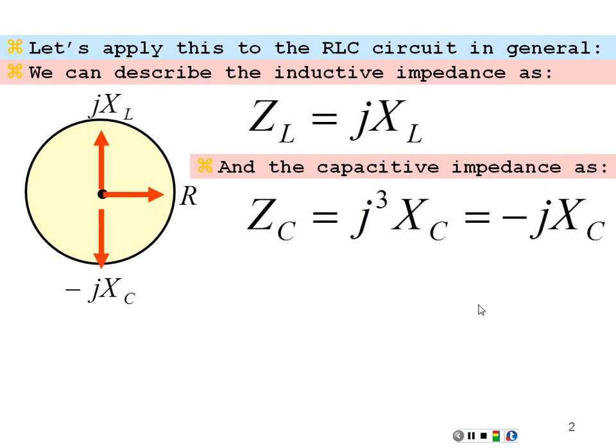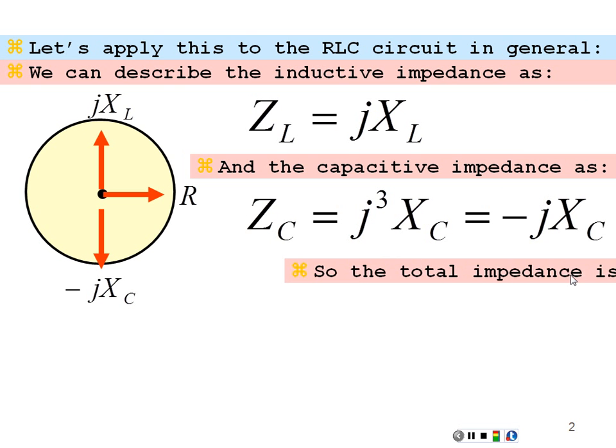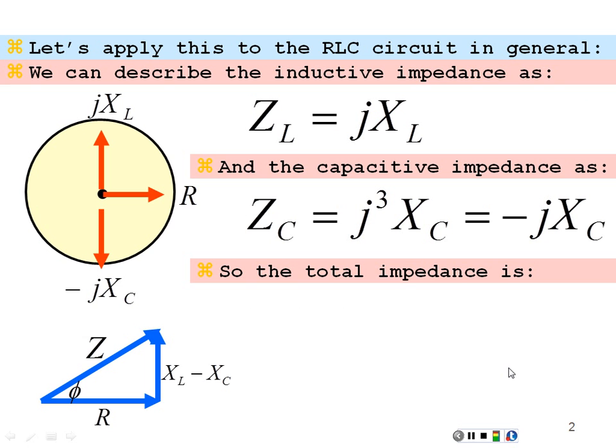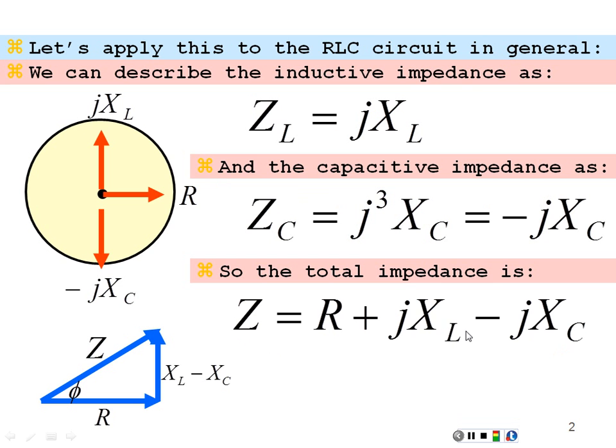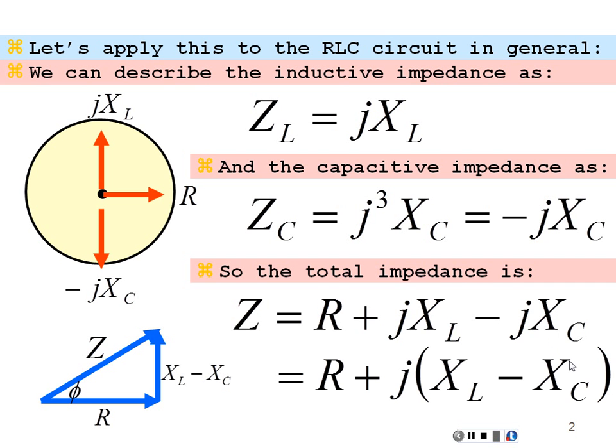And the capacitive impedance would be 3 operators, J cubed, times the capacitive reactance, and that would be a negative J capacitive reactance, because 2 of the J operators would be a negative 1. So our total impedance for an RLC circuit would be equal to R plus J inductive reactance minus J capacitive reactance, or R plus J inductive minus capacitive reactance. We can describe our impedance in this way.